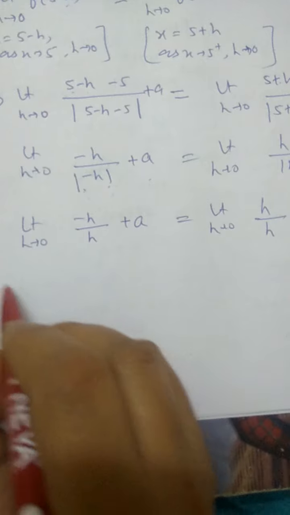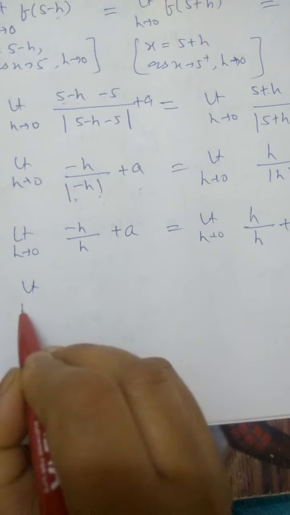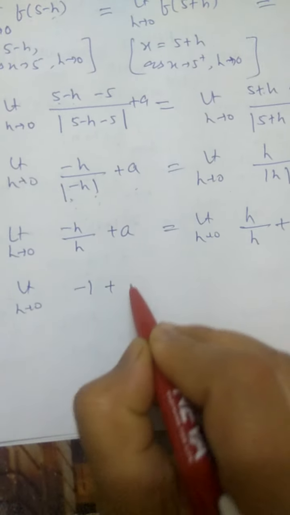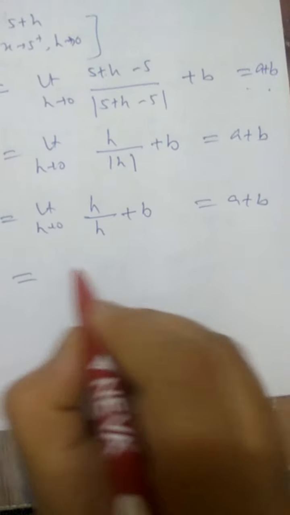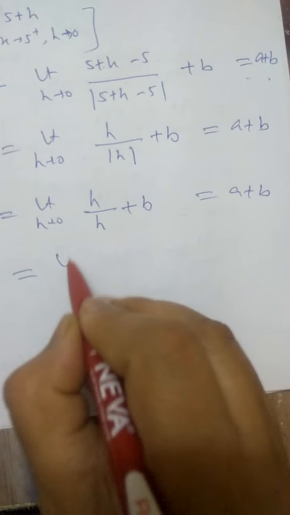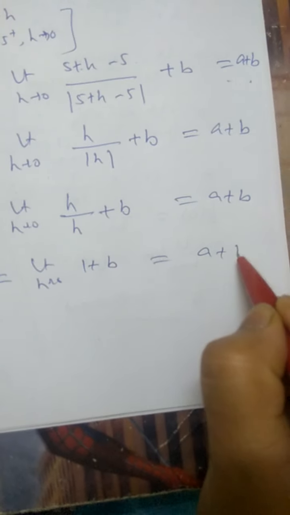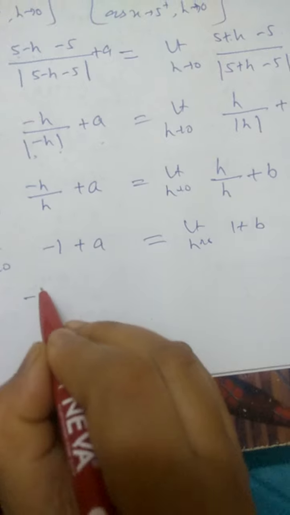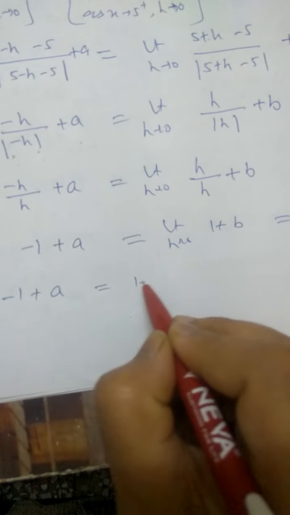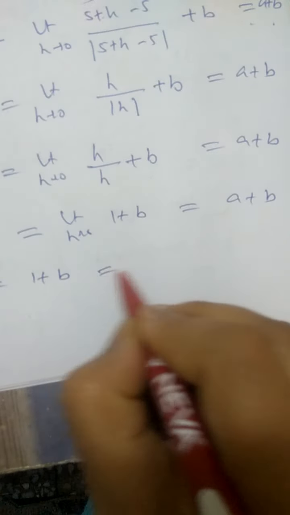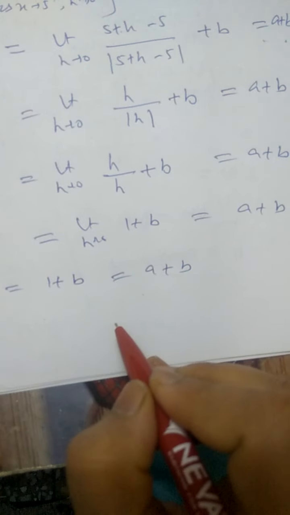And now you will get limit h tends to 0 minus 1 plus a is equal to limit h tends to 0 1 plus b is equal to a plus b, and therefore it becomes minus 1 plus a is equal to 1 plus b is equal to a plus b.